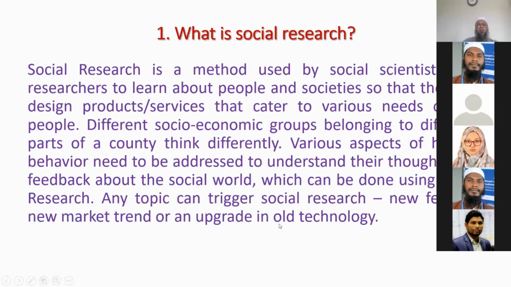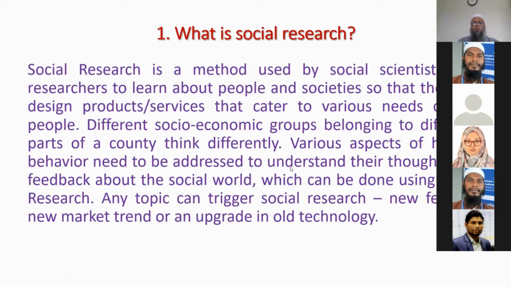And what is social science research? Actually, we have different science research, such as astronomical research or other research. But what is social science research? Social science research is a method used by social scientists and researchers to learn about people and societies so that they can design products and services that cater to various needs of the people.